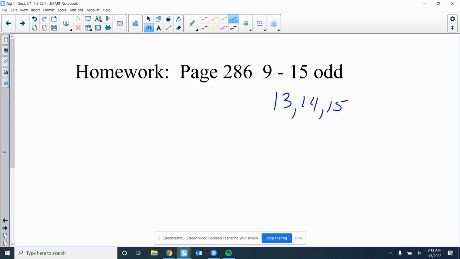Do you need graph paper? So we're not doing 9 through 12 at all? Nope. Let's not worry about those. 13, 14, and 15 on graph paper. These are all ones that get graphed and shaded. You want to identify solutions if possible.